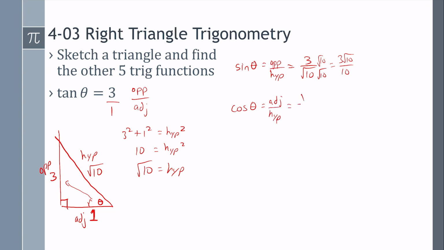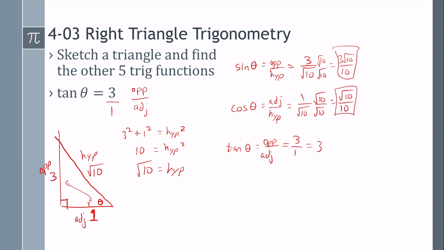The adjacent was 1. Hypotenuse is square root of 10. Rationalize it. So it's square root of 10 over 10. Tangent is the opposite over the adjacent. The opposite is 3, adjacent is 1, which is 3. Oh, right, they gave that one to us.